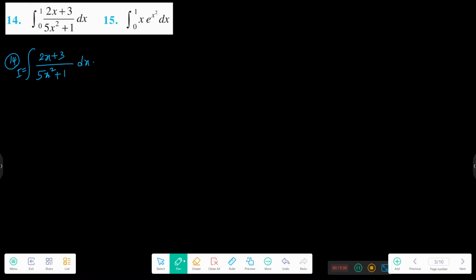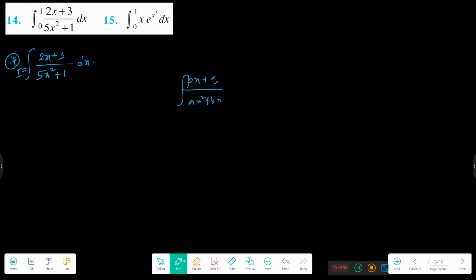When you notice that it is not in factorization form in the denominator, you cannot go for partial fractions, and it is not in a standard form. So take the denominator separately. Or else, you can go with this idea: px plus q divided by a quadratic.